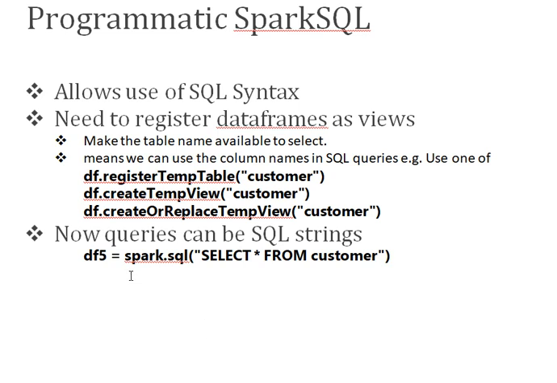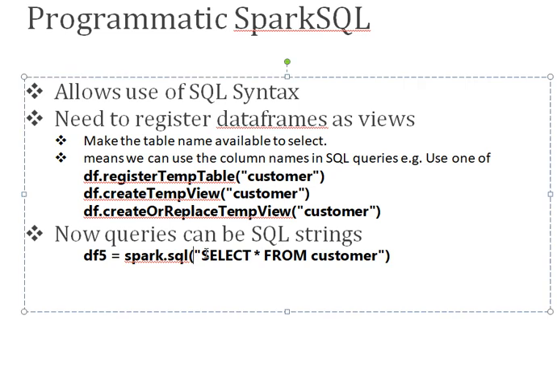SparkSQL can also take statements like SQL. For example, select everything from the customer table, which is a standard SQL query, and SparkSQL can take this statement to operate on the data frame.